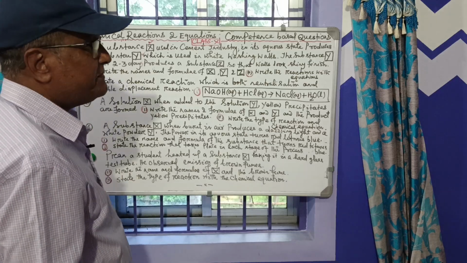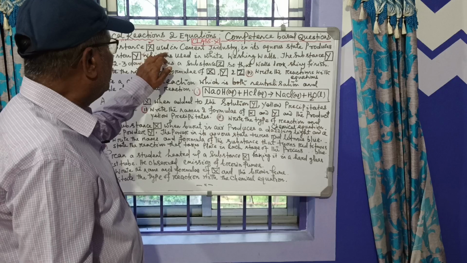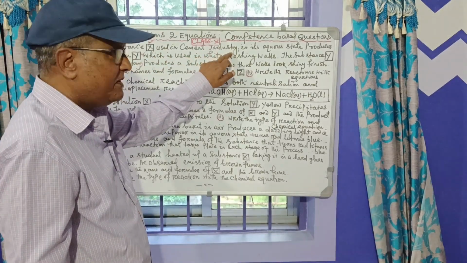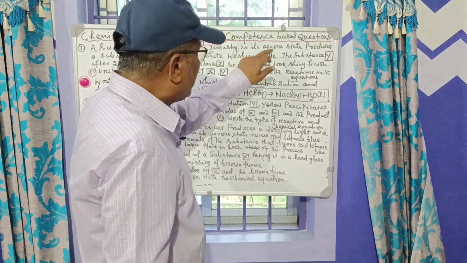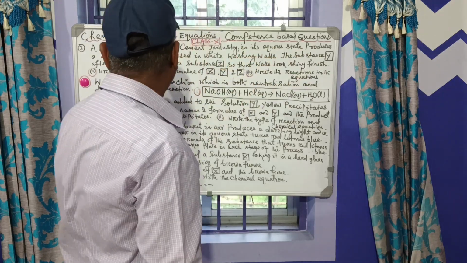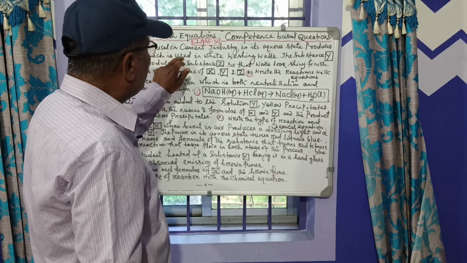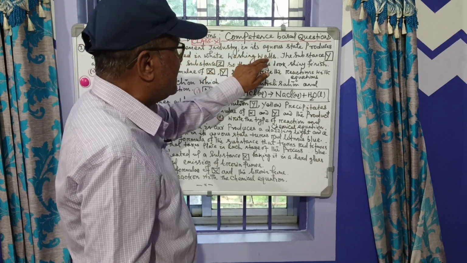We have noted here. Let me read. A substance X used in cement industry, in its aqueous state, produces a substance Y, which is used in whitewashing walls.